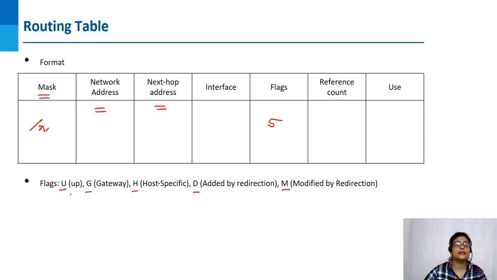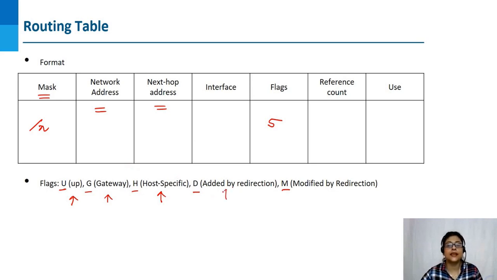If the U flag is set, it means that the router is up and running. If the G flag is set, it means that it is a gateway flag, which means that the data must be forwarded to the other network, and it is inter-domain routing. If the H flag is set, it means that it is the host-specific type of forwarding.